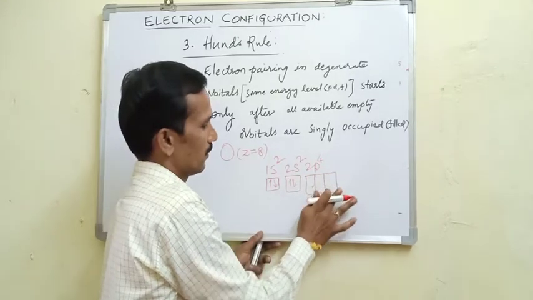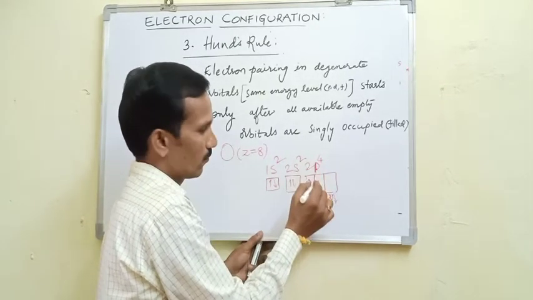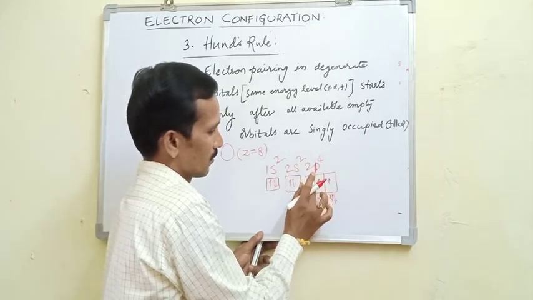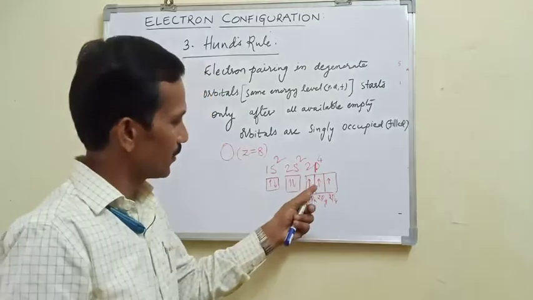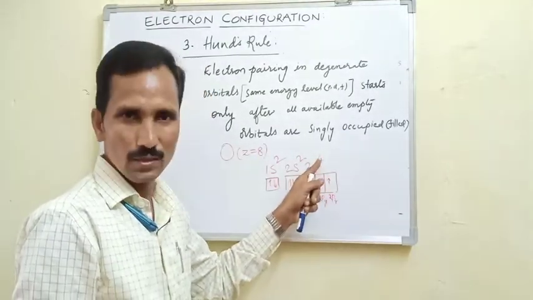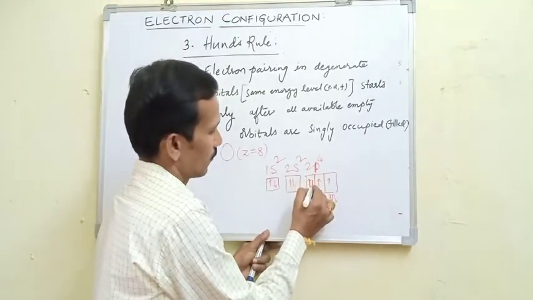Electrons will fill singly first. How many electrons does the p orbital have here? 4. First 1, 2, 3 empty orbitals are filled. Remaining is how many electrons? 1. So 3 electrons are filled singly, and this fourth one pairs.